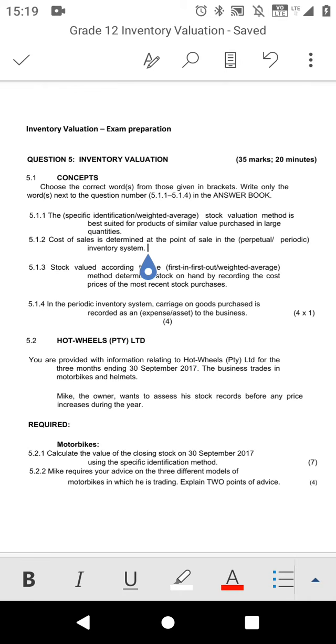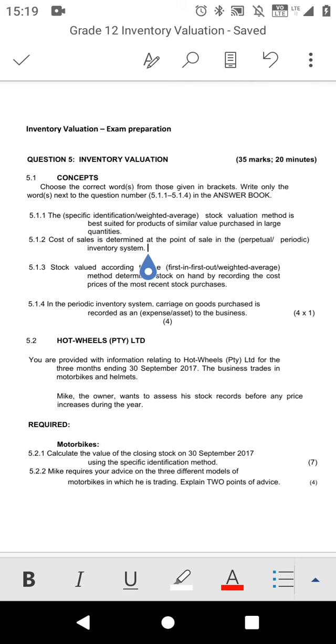If we are talking about the specific identification method, we are talking about the method that calculates the actual price of the inventory. For example, we have TV number 1 which is costing 10,000, TV number 2 which is costing 12,000.